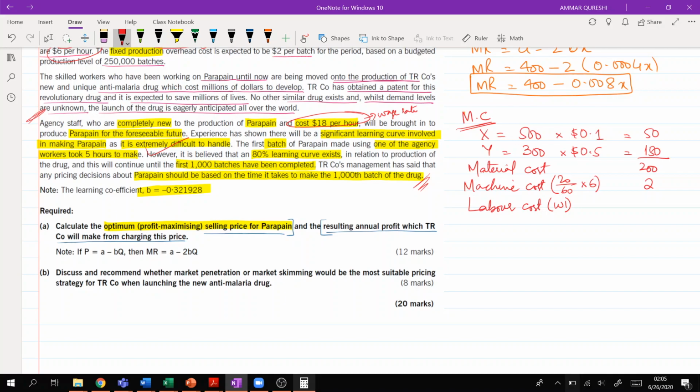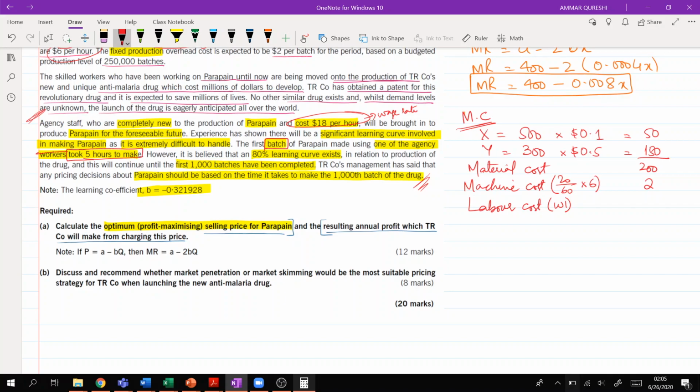They will be brought into the production of paraffin for the foreseeable future. Experience has shown that there will be a significant learning involved in the making of paraffin, as it is extremely difficult to handle. The first batch of paraffin made using one of the agency workers took 5 hours. So the first batch required 5 hours, right?